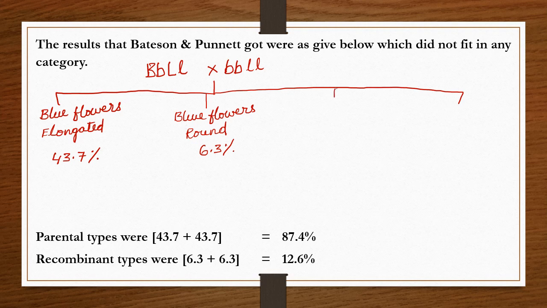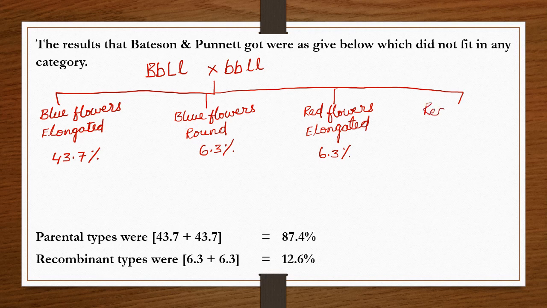Another type is red flowers with elongated pollen grains, again 6.3%.